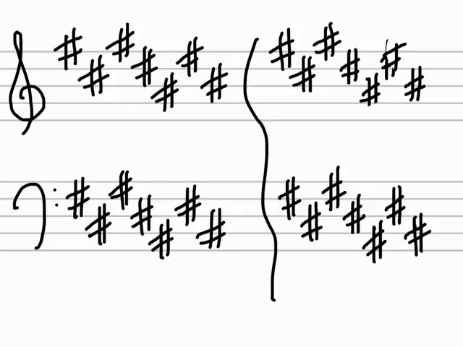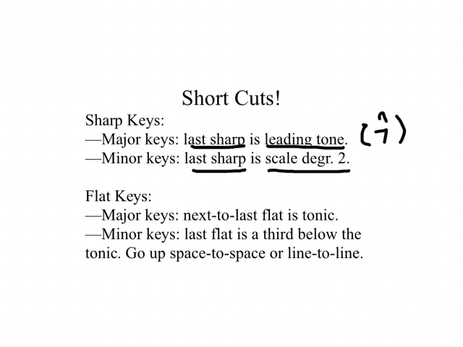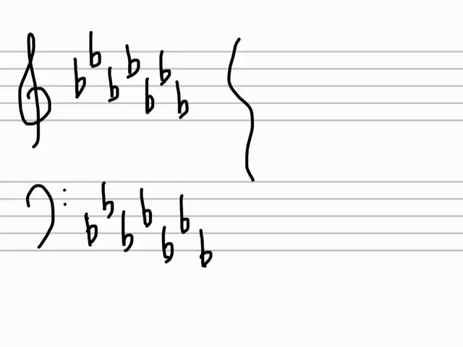Okay, what about flats? For major keys, the next to last flat is the tonic. Let's see how that works. So here we are. Two flats. The next to last one is B flat, and it's B flat major.